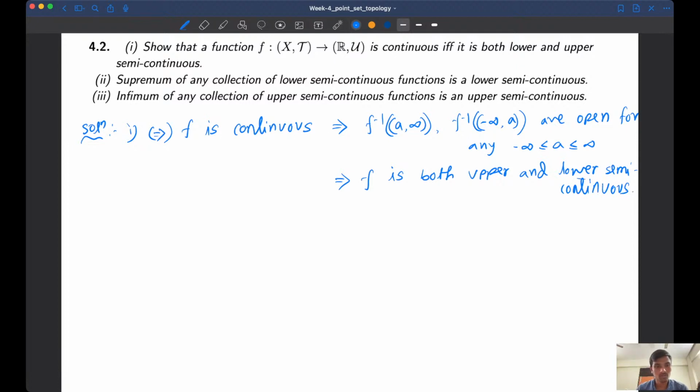Okay, so for the converse, if it's both upper and lower semi-continuous, how can you prove that it's continuous?